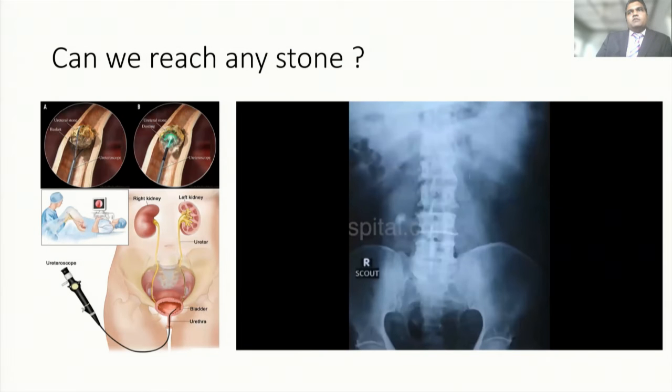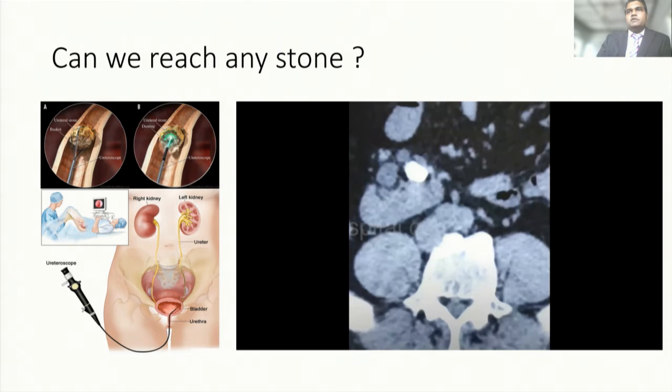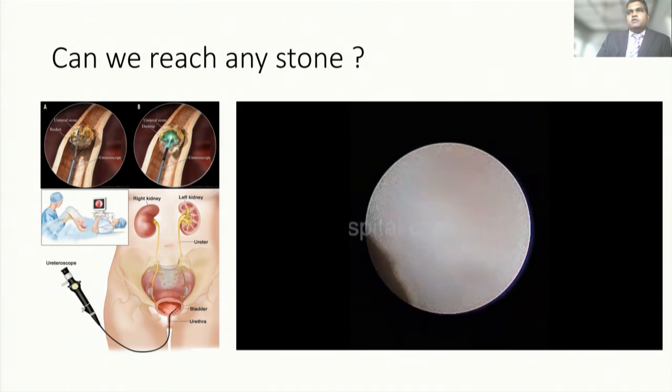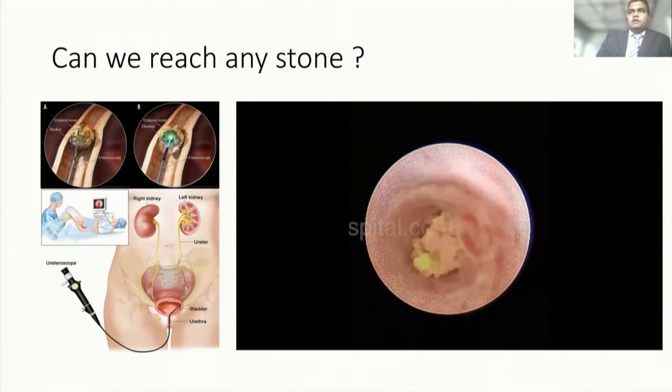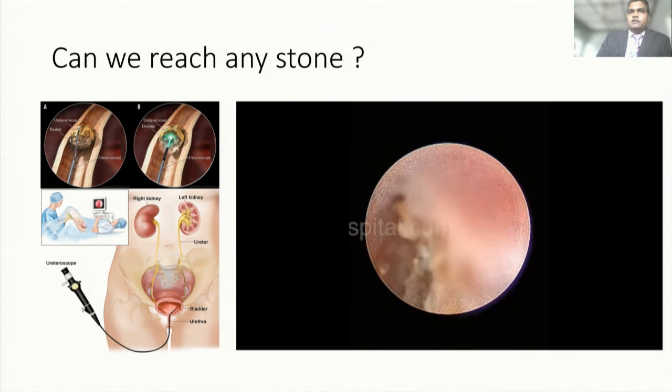So what are the available options for failed medical therapy, or if you decide on primary interventional therapy? We all know that modern day lasers have really improved. They're very highly effective and highly efficient, and they can be incorporated into modern day ureteroscopes, which are quite slender and tiny.